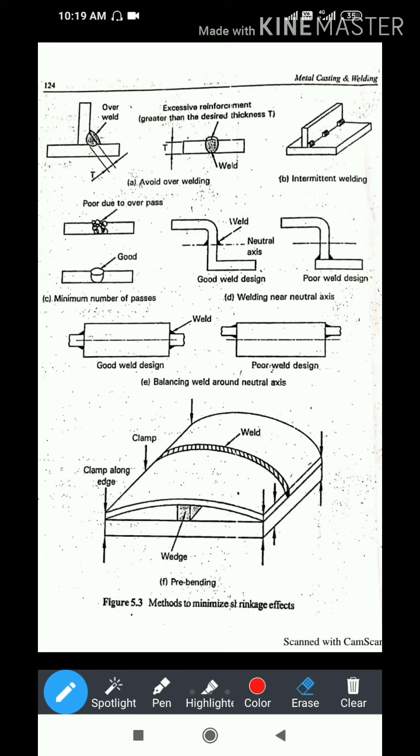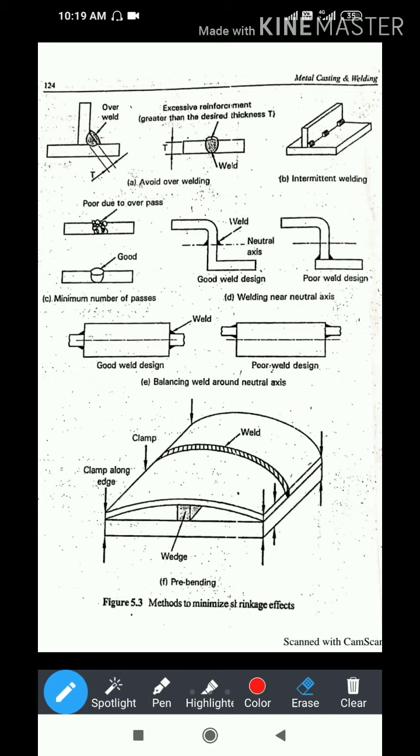If it goes in a single pass, gradually an equal temperature is distributed, an equal amount of flux is distributed, and an equal amount of electrode is distributed. This is how you can avoid the workpiece undergoing any shrinkage effects.